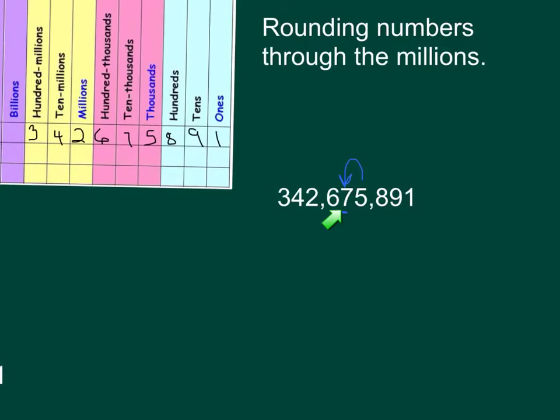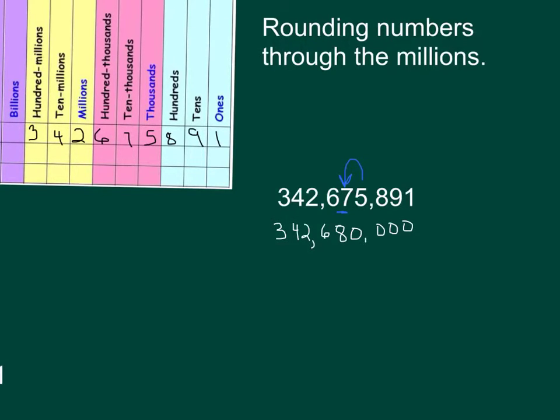But now this is where it gets a little bit different than what we did in the past. Alright, 7 is going to soar to 8. Then all the numbers behind it are going to turn to zeros. And we're going to keep everything in front of it just as it is.